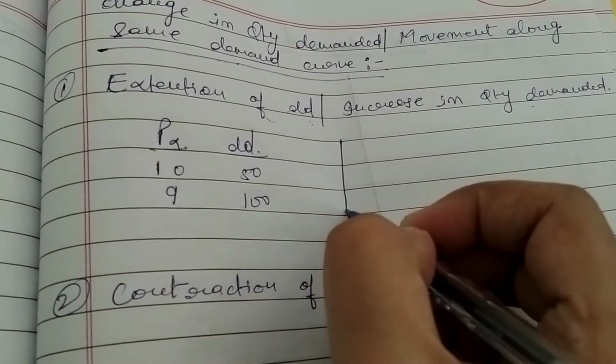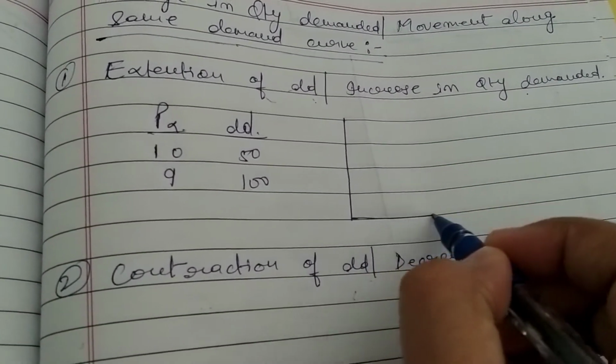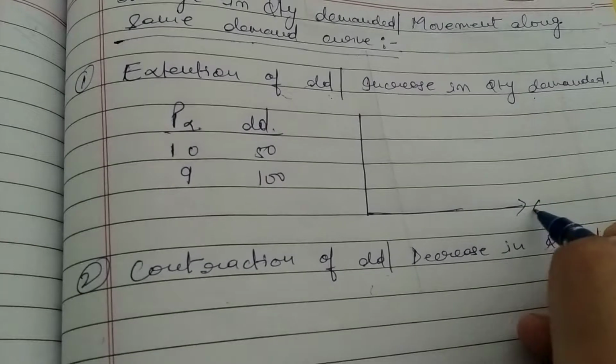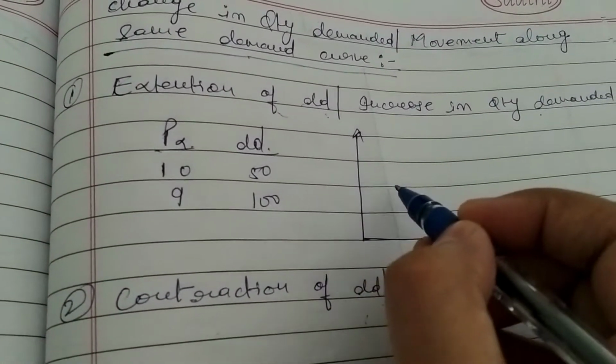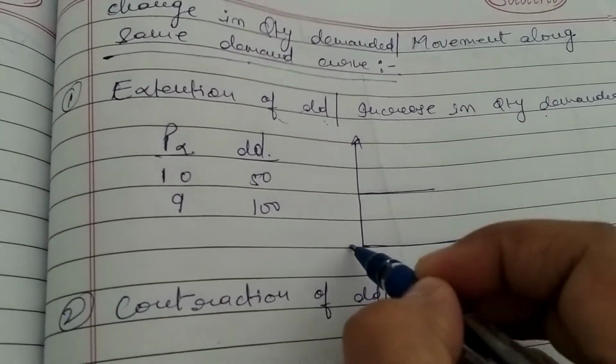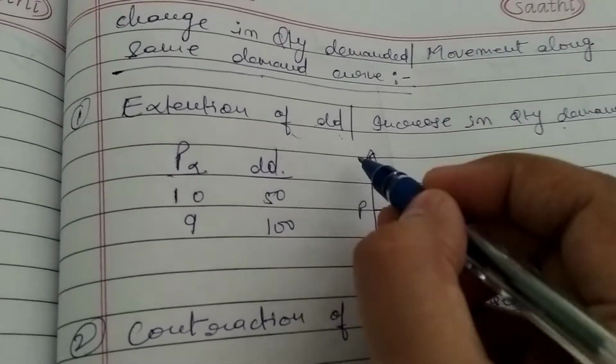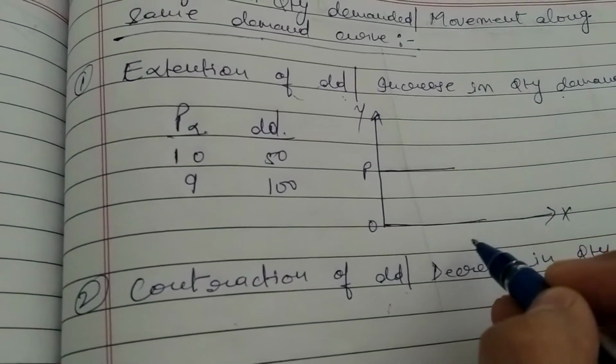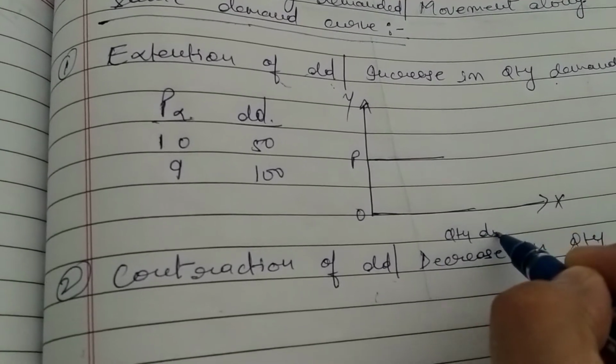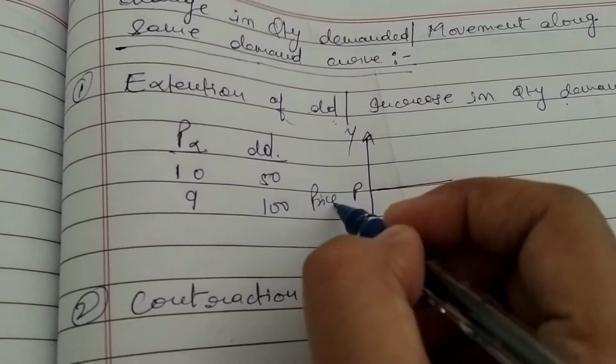So when we draw this diagram, which I was trying to explain to you yesterday, suppose OP is the price. On the y axis we are taking price and on the x axis quantity demanded.